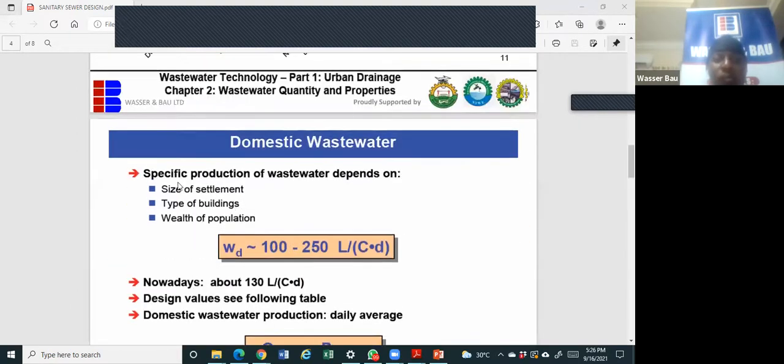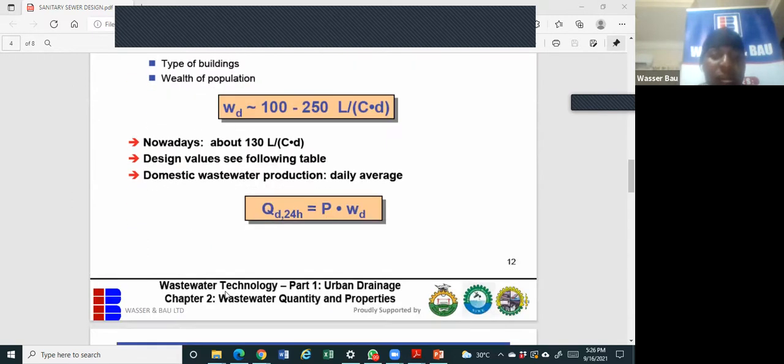Then, the specific production of wastewater depends on the size of settlements, types of building, and the wealth of population. And it varies between 150 liters per capita per day to 250 liters per capita per day. So in other words, you are expected to generate between 100 and 250 liters of wastewater per day. So he said nowadays about 130 is the average.